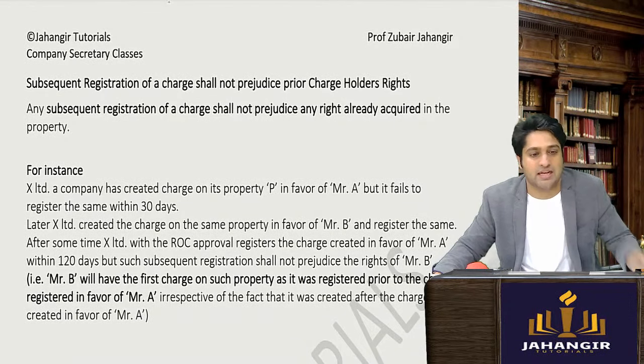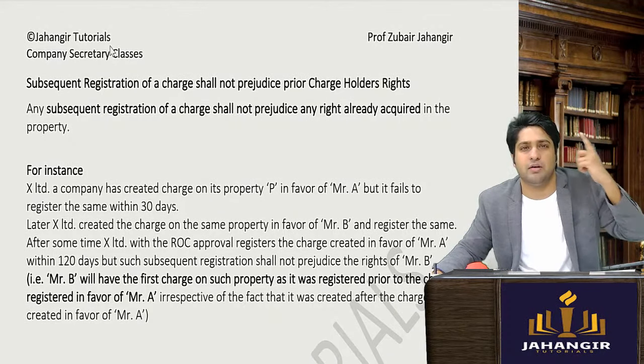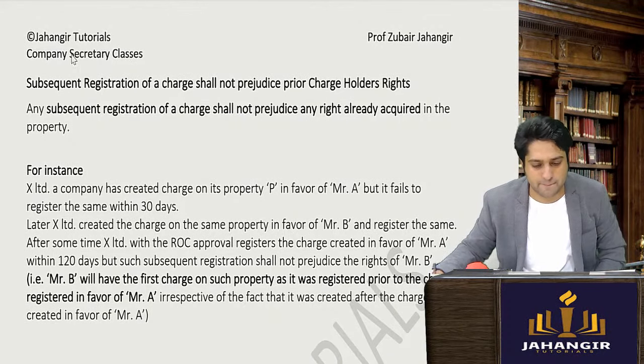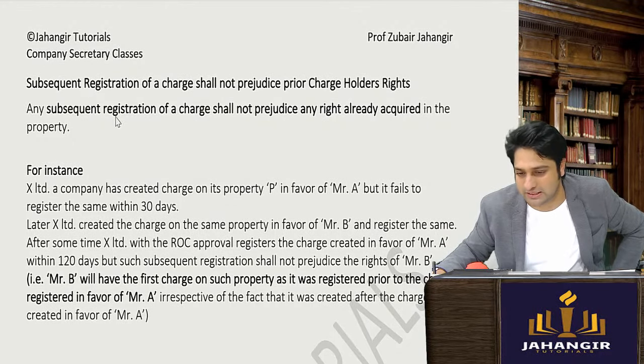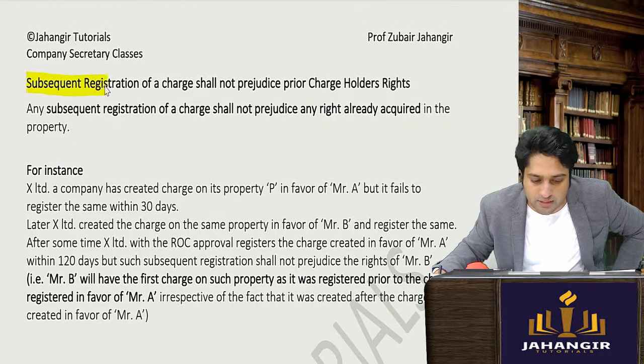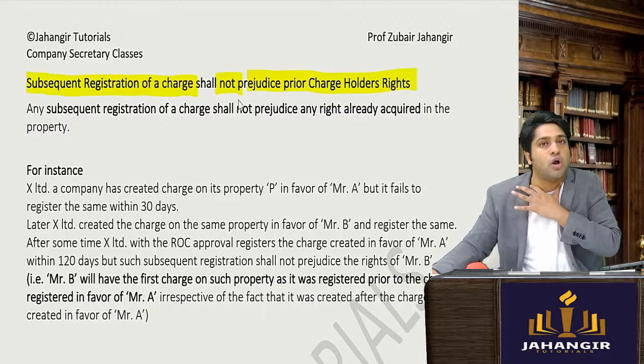Now going to the next one, one interesting line is there. I want you all to interpret and tell me what you think it means. Some legal skills, reading skills, etc. The line is: subsequent registration of charge shall not prejudice prior charge holders' rights. Now, what does this mean?